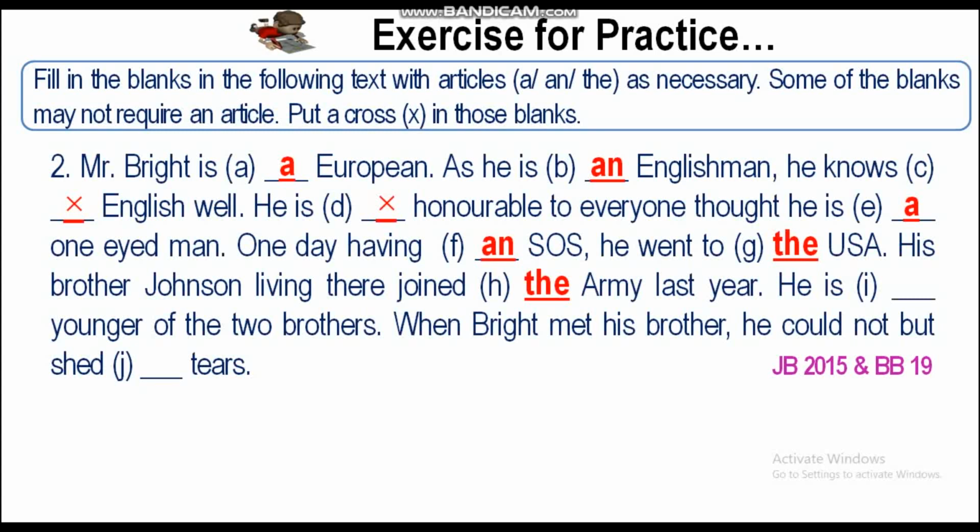If the degree of adjective is used to compare between two persons or things, then article the is used before that comparative degree of adjective. So here article the will be used. When Bright met his brother, he could not but shed dash tears. Here tears is a plural common noun, and before a plural common noun no article is used. So a cross will be in the blank number J.